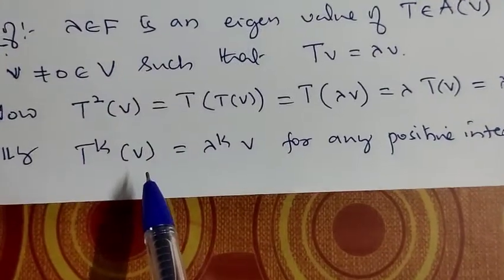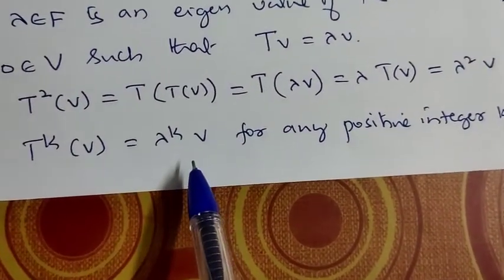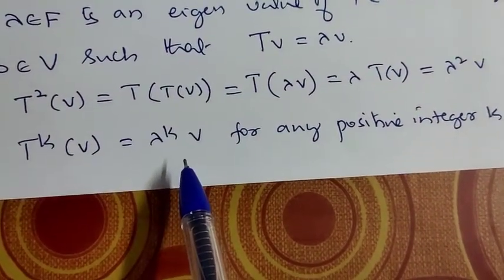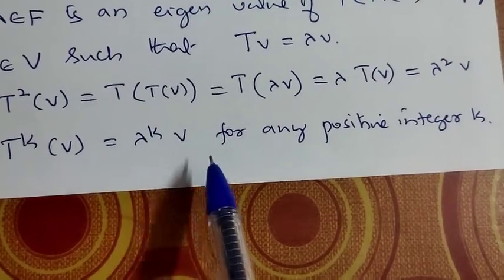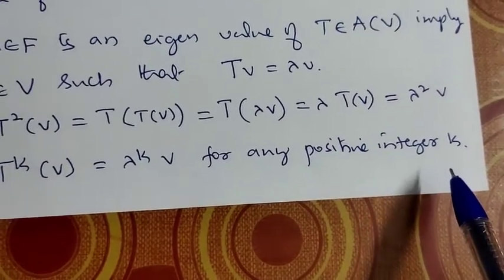In general, T^k(v) is lambda^k into v for any positive integer k.